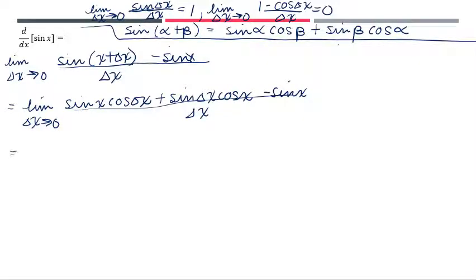Because this is one big fraction with a common denominator, I'm going to rearrange things and break it up into two different fractions, which will let us simplify more easily.